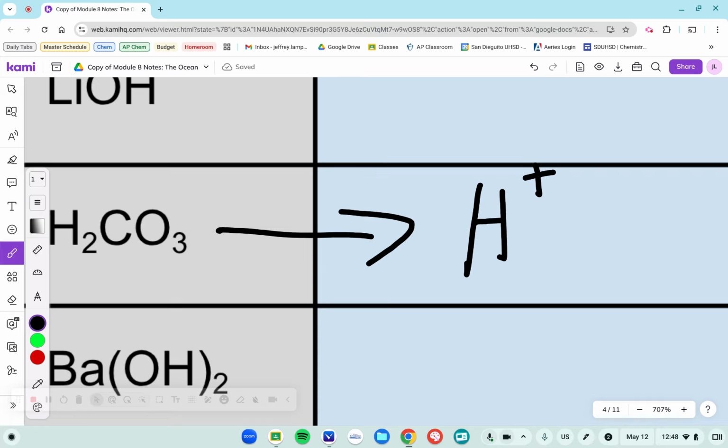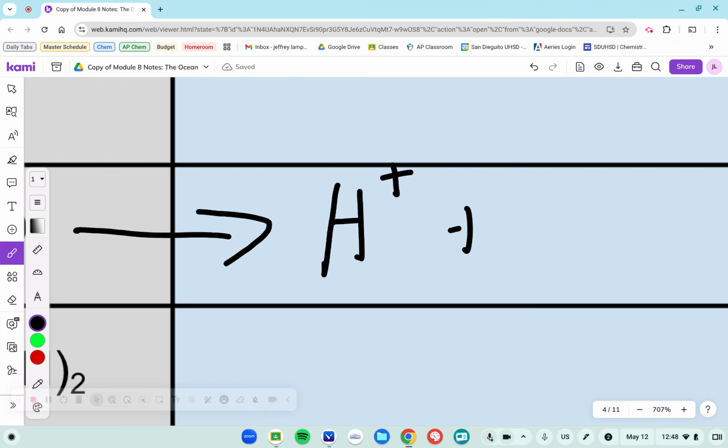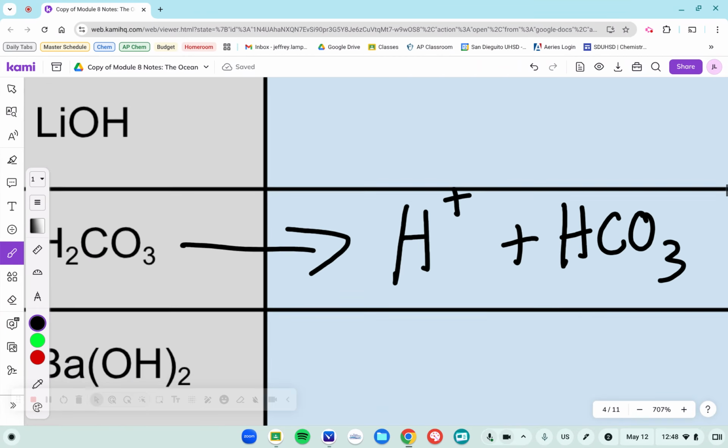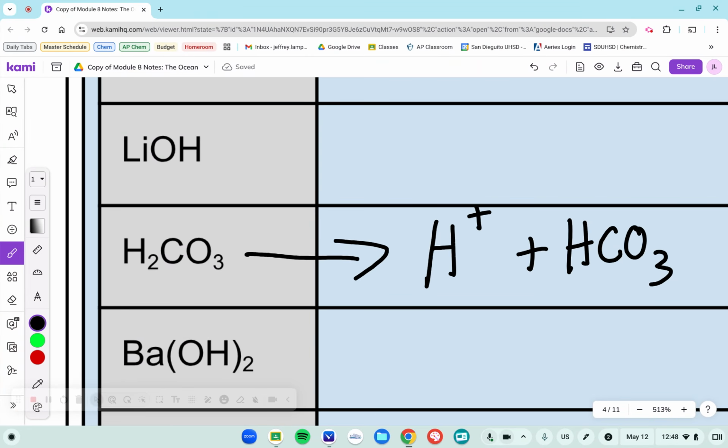And if I remove a single H+ from H2CO3, I just need to write what's left over, right? So if I start with H2CO3 and I remove an H, then what's left over will just be HCO3. Right? If I remove an H from H2CO3, I just have HCO3. Y'all with me so far, yeah? So now let's think about another problem, though. H2CO3 doesn't have a charge.